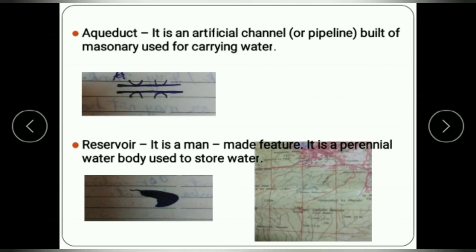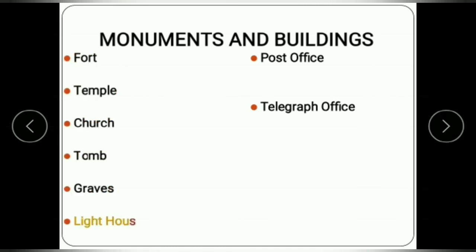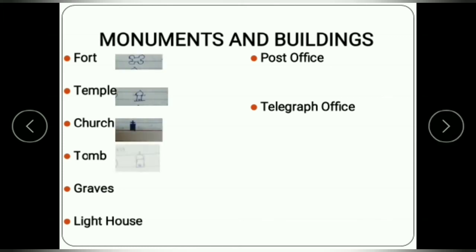Next, monuments and buildings. So you can see there are monuments and buildings that are also shown on the topographical map. You have to indicate, and also you have to remember what the symbols of it are. Fort, which is shown like this, temple, then church, then tomb, graves, lighthouse, post office, telegraph office.